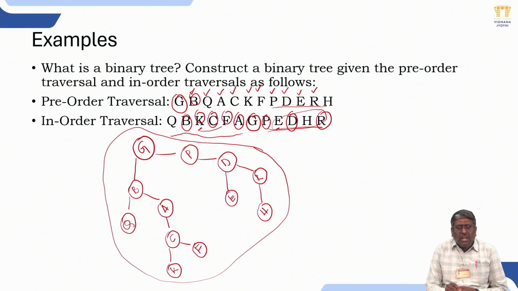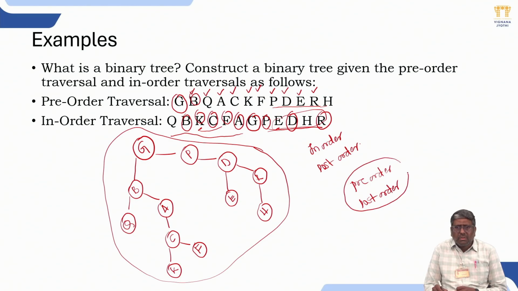And similarly we can also construct the binary tree by using the in-order and post-order traversals. Okay, but in some cases we may get ambiguity for constructing the binary tree for the given traversals like post-order traversal and pre-order traversal. Suppose in the problem it is specified constructing the binary tree by using the pre-order and post-order traversal, then in that case we may get ambiguity, or we may get more than one tree.